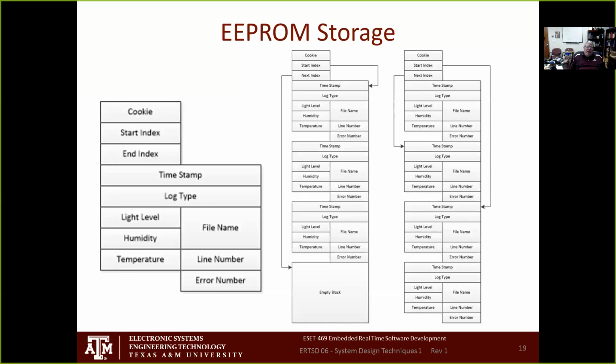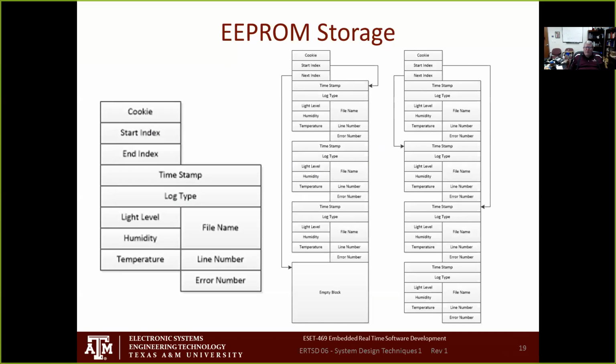So let's think about some values that might be good for a cookie. All zeros, let's not talk about all zeros yet. Let's talk about all F's first, so all ones. When you think about an EEPROM, one thing you should know is that when you erase an EEPROM, all the cells go to all ones. An erase of almost all permanent program memory goes to a 1.